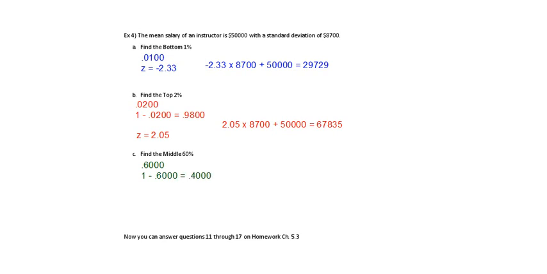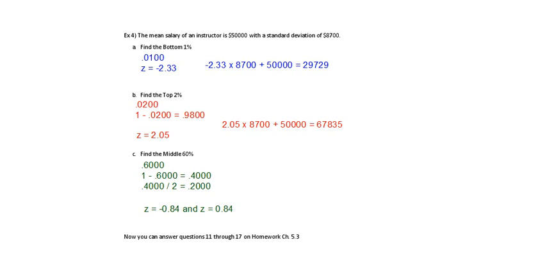Then 0.4000 divided by 2 is 0.2000. We're now going to have to look up 0.2000 on our chart. And if you do, our z-score is going to equal negative 0.84 and positive 0.84. Because middle will always have two z-scores, negative and positive. As such, we're going to have two answers.